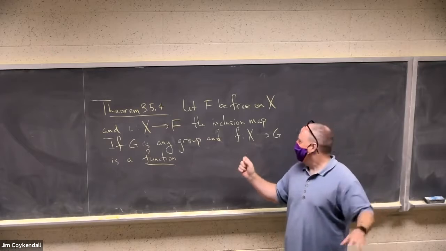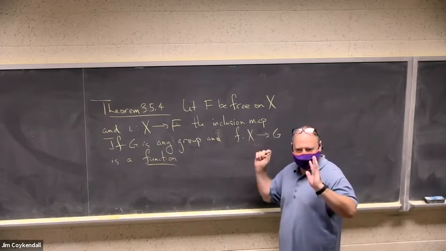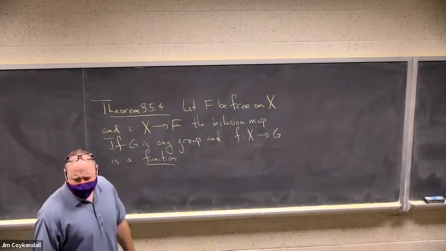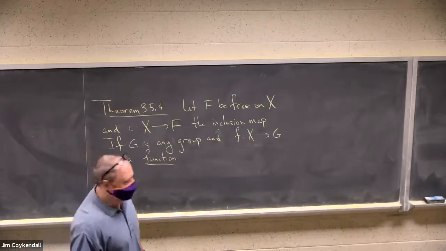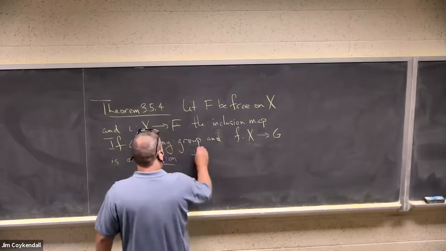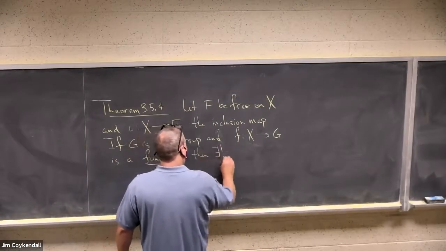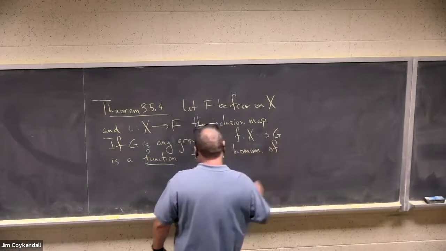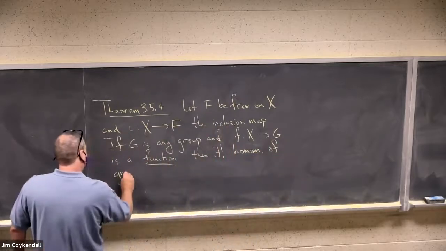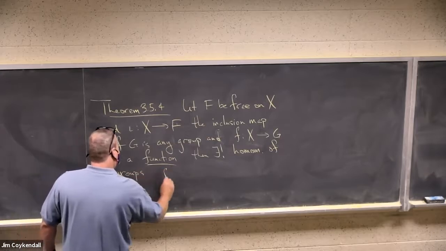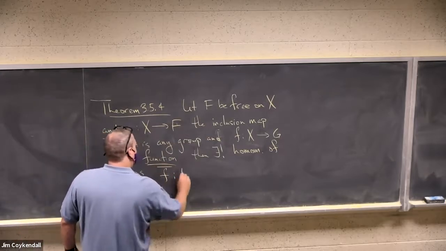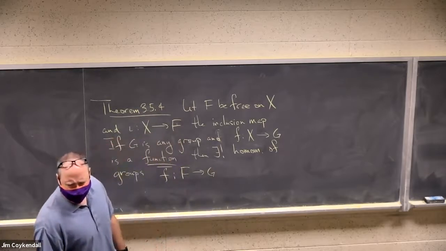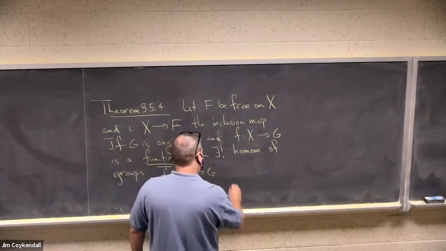It's just a collection of our letters. So this is not a homomorphism, just a function. Then there exists a unique homomorphism of groups. We'll call f bar from the free group into G, such that f bar iota equals f.